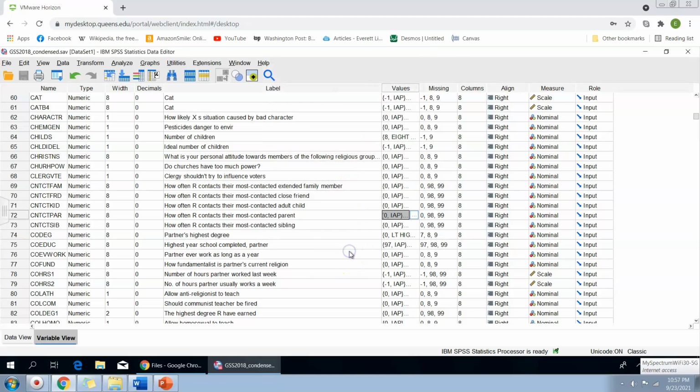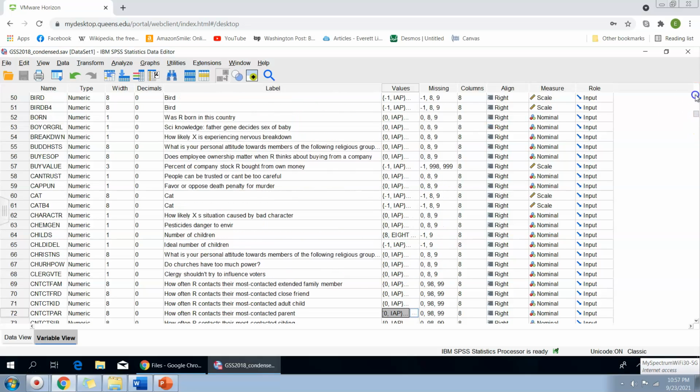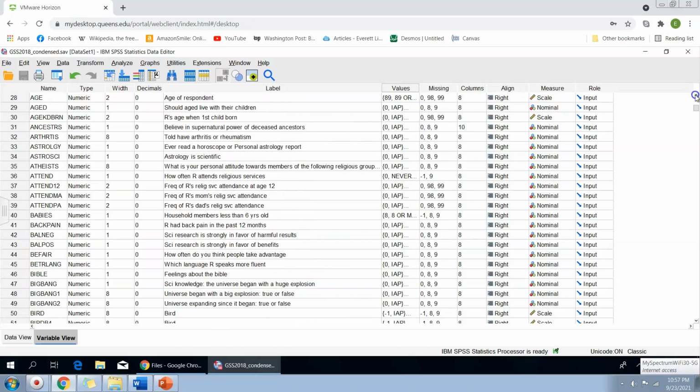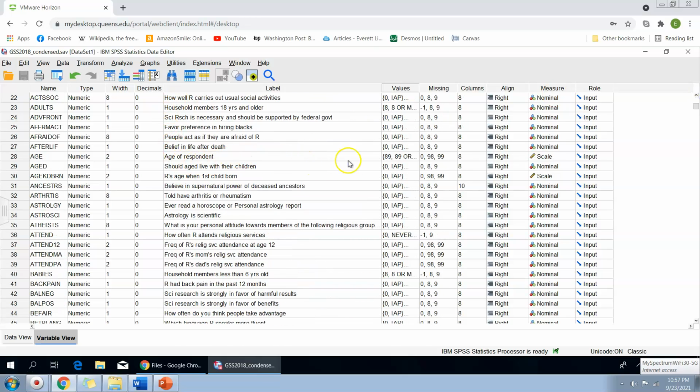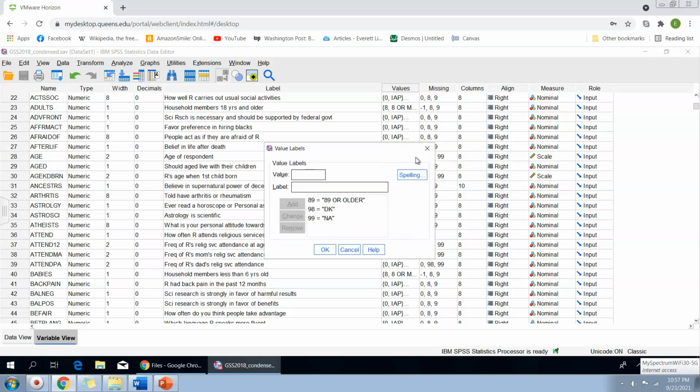Okay? If you've got something like age, which you're not going to pick, but I'm just going to use age, and you click in there, it says DK means don't know, and NA means no answer. So those are essentially just missing values.